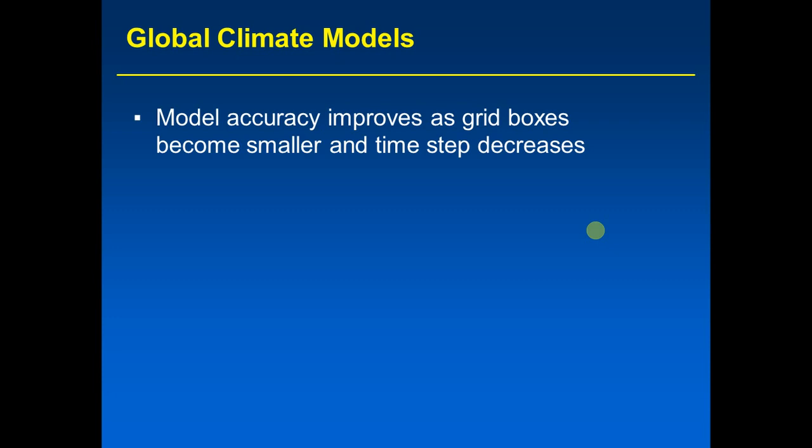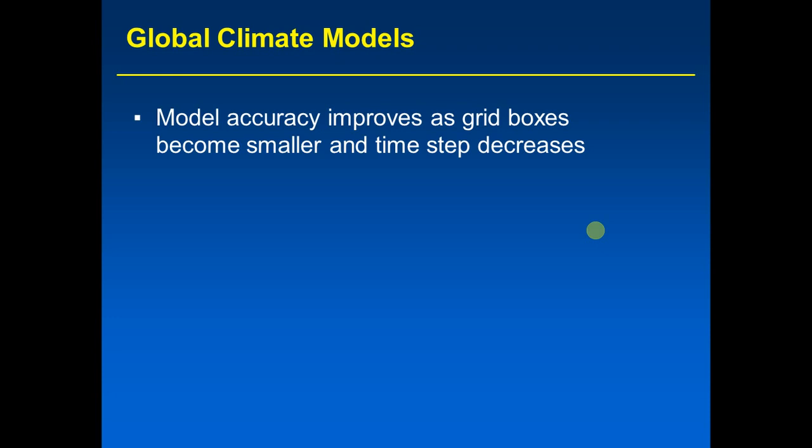You might be wondering, what is this time step? Basically, when the model runs and then it creates an output of future climate, it doesn't just put out a forecast for one certain year. It runs and it puts out projections for different times, and the times are separated by a time step.